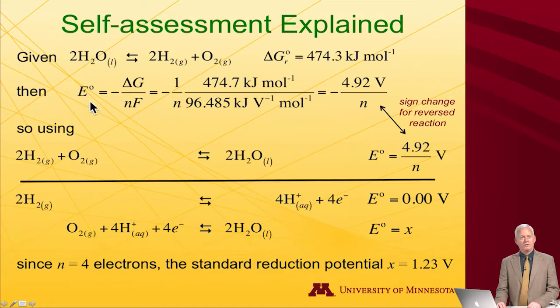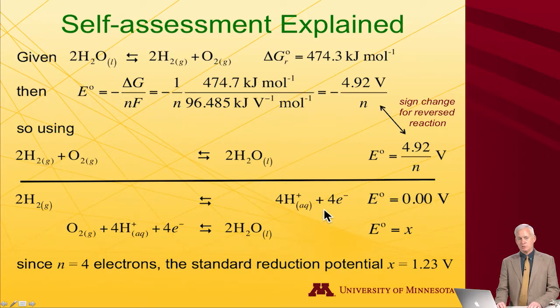So that was for the equation as written and given with this free energy of reaction. But I want to reverse it because what I've been assigned to determine is this half reaction, O2 appearing on the left-hand side. So I need my O2 on the left-hand side. In order to balance the electrons, I've got 2 hydrogen gas molecules over here. They are being oxidized to 4 protons and 4 electrons.